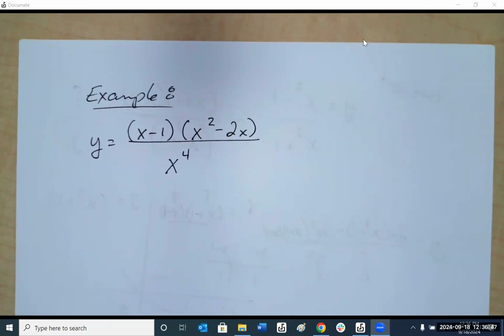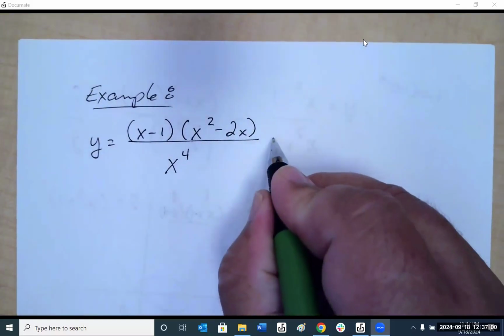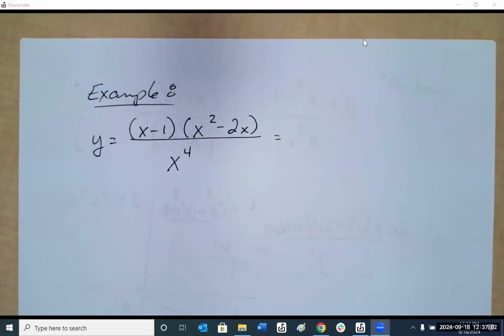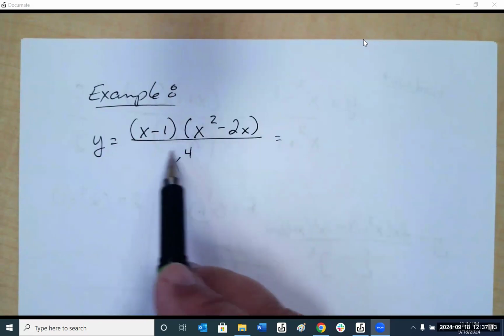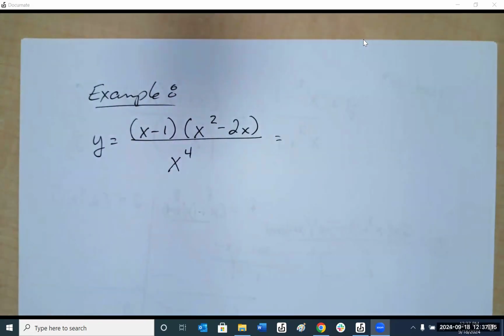How would you go about doing this? Why wouldn't we do the quotient rule? You're right, because if we did a quotient rule, now we have to do the product rule like we just did. But if we multiply them together, then we only have one equation and just do it once. Okay, let's do that.